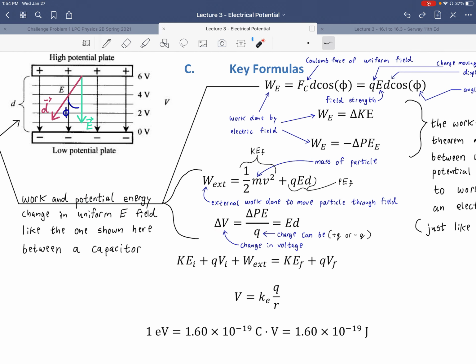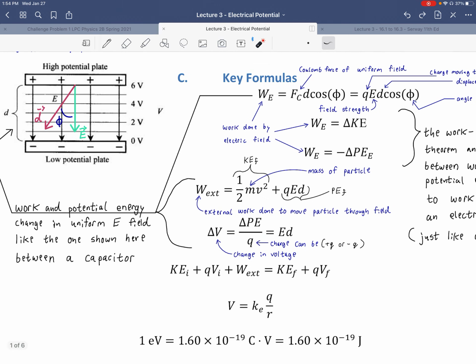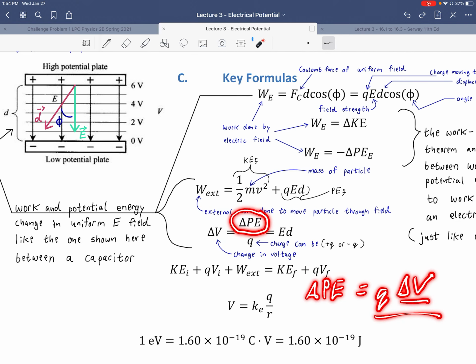And do note that just as we were defining the work done by an electric field, the change in voltage is, of course, independent of the charge. That's the whole deal, because we divide by the charge that's moving through the voltage, or across the voltage, however you want to say it. But if you want to calculate the change in potential energy, then delta PE equals, just cross multiplying here, Q times delta V. So maybe the thing we're solving for is the change of potential energy, so we're multiplying a known voltage by a charge.